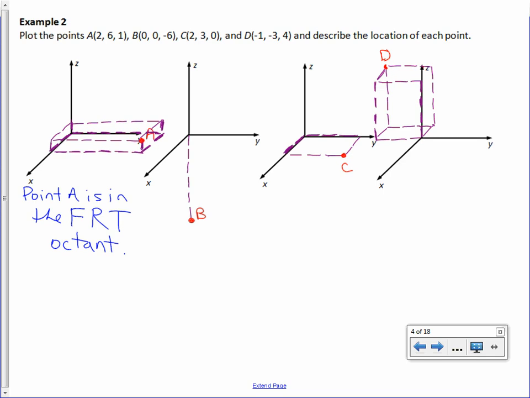Is that a Z-intercept? Point B is a Z-intercept.